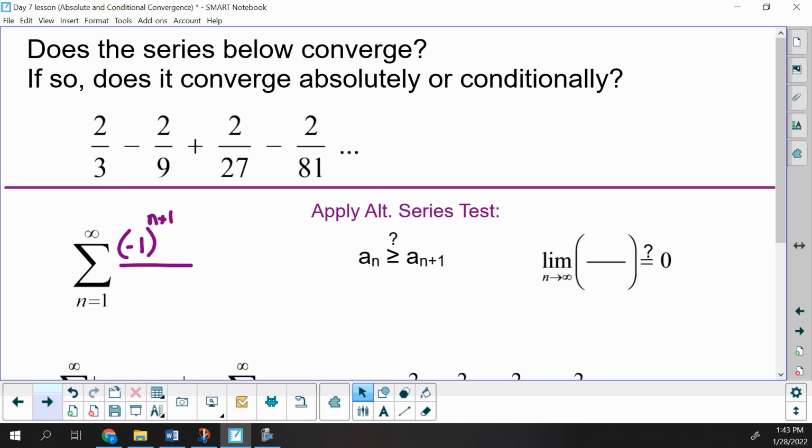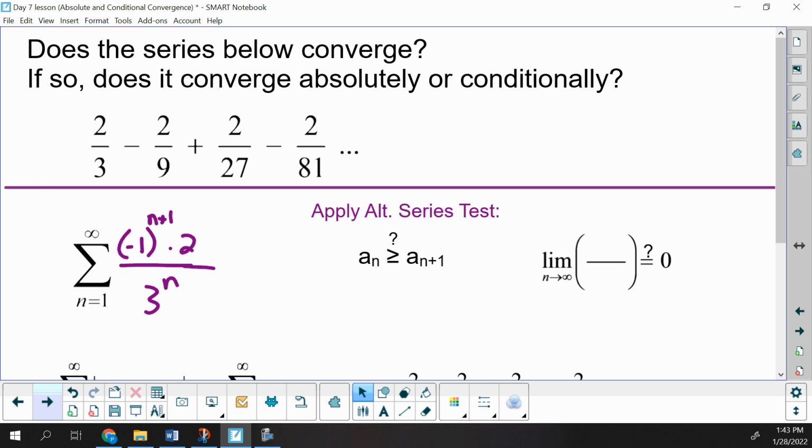So we could do something like an n plus 1. Then all the numerators are 2, so we can just do times 2. And our denominators are 3 to the first, 3 to the second, 3 to the third, 3 to the fourth. So our denominator we can just say is 3 to the n.